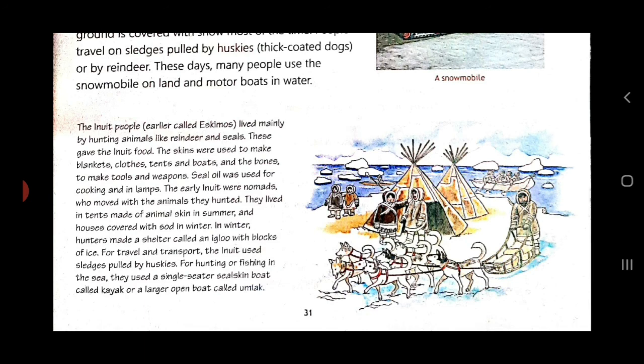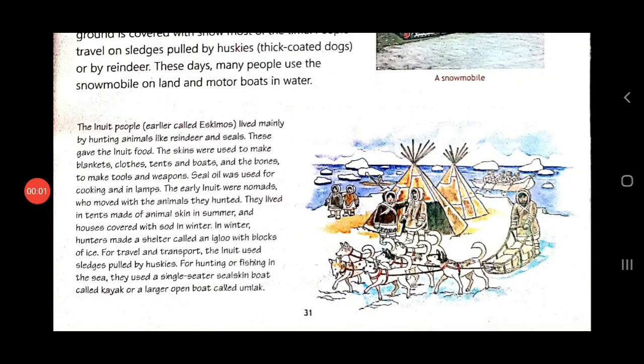This kayak was a single seater boat. कोई एक ही जन बैठ सकता था उसमें, single seater. And what was it made up of? It was made up of seal skin. Or the other option was a larger open boat. And what was that boat known as? Umiak.